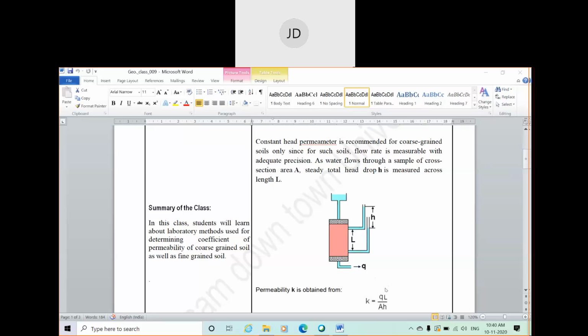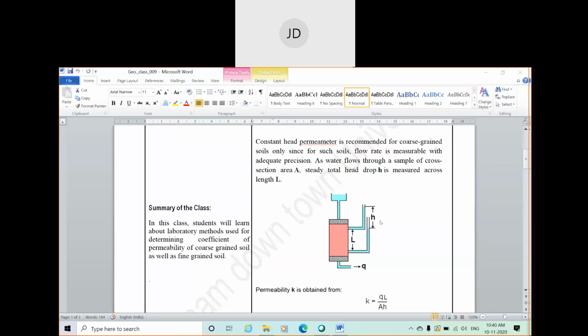From there you can find the value of small q, that is the discharge, by measuring the volume, in meter cube per unit time, whatever you have considered, 1 minute or 5 minutes. Throughout the test, the flow of water will be continuous. That means the water level in this tank always remains constant throughout the test. It will not decrease.